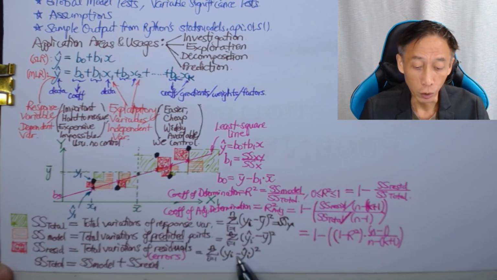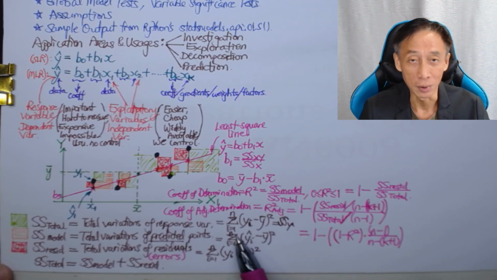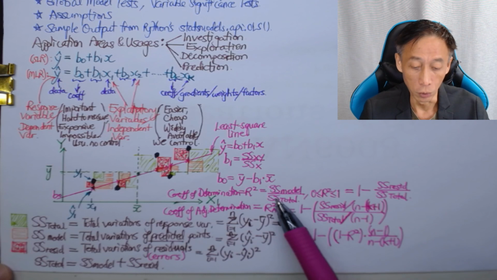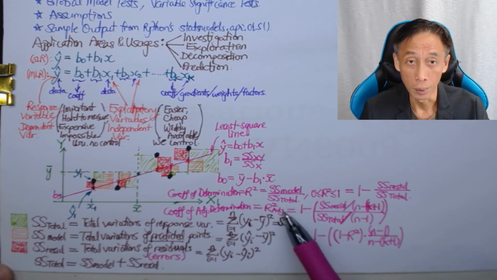Nothing to do with K. It has to do with N because of sample size. It has to do with Y and all that, but nothing to do with K. But over here, you see in adjusted R square, K is involved. In fact, the larger the K, the lower the adjusted R square.